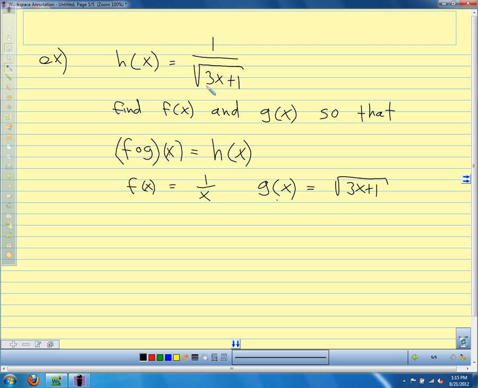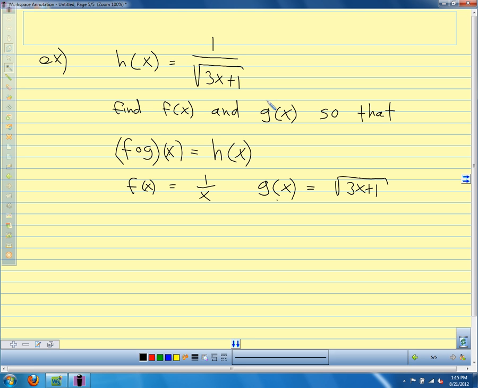My one function is 1 over something. So let's make f just 1 over x. And then g, if I plug in g for x, I want to get this thing. So we can make g equal square root of 3x plus 1. So we're figuring out how we can combine two functions to get a composition.